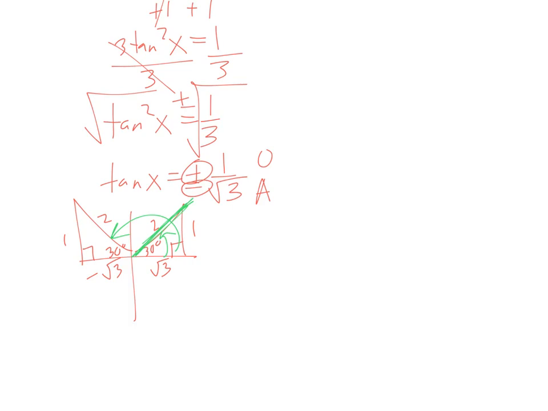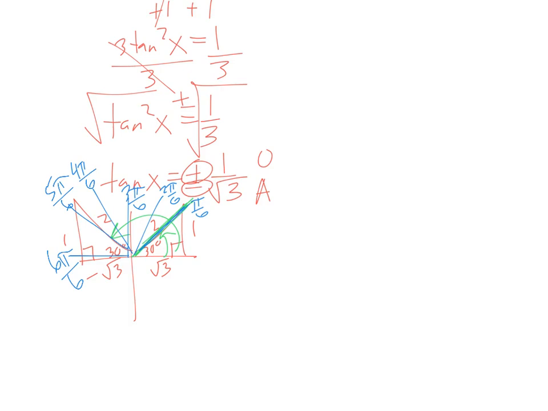Alright, refreshing your memory with radians. This is pi over 6. Then you have 2 pi over 6. Then you have 3 pi over 6. Then you got 4 pi over 6. Okay, now we have 5 pi over 6. And then 6 pi over 6. Sorry for the mess.